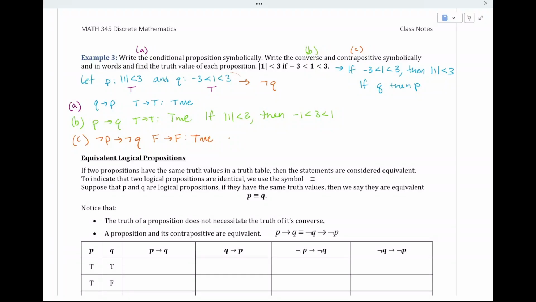To write this one in words, I want if not P. So if the absolute value of 1 is greater than or equal to 3, then the opposite of Q. The opposite of Q is going to be the opposite of this. So this is 1 is between -3 and +3, so I want the opposite of that. So that's going to be -3 is greater than or equal to 1, or 1 is greater than or equal to 3.